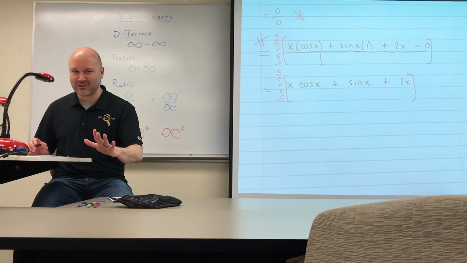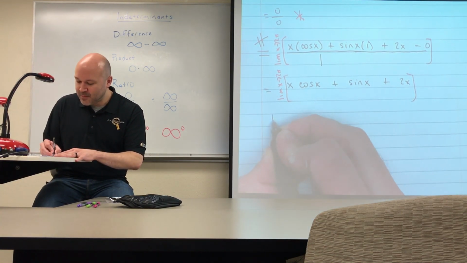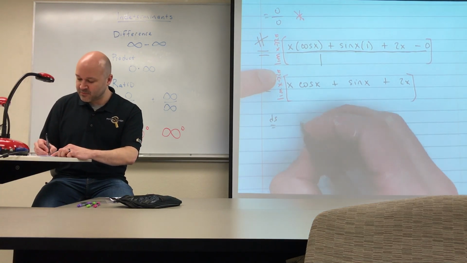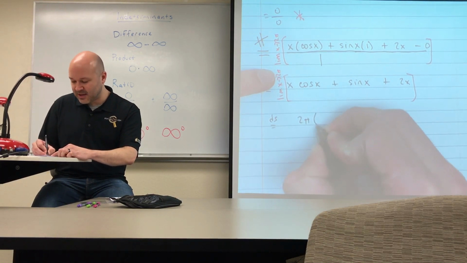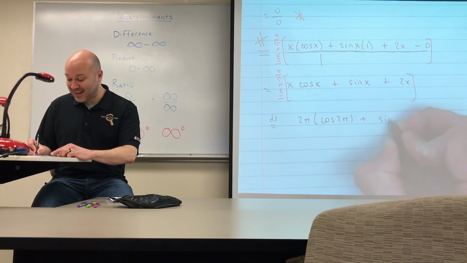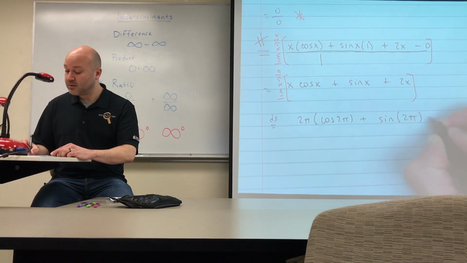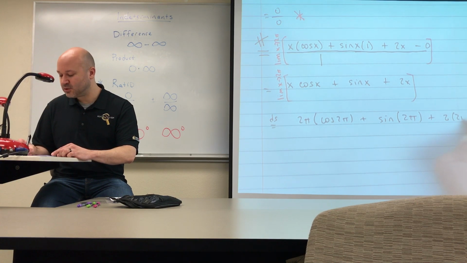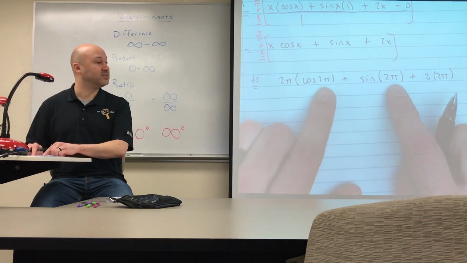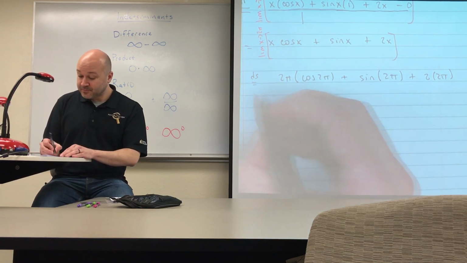So now I can drop the limit notation. I'm going to direct substitute 2 pi into all of these x variables. So I have 2 pi times cosine 2 pi plus sine of 2 pi plus twice 2 pi. 2 pi is coterminal to 0 on the unit circle.